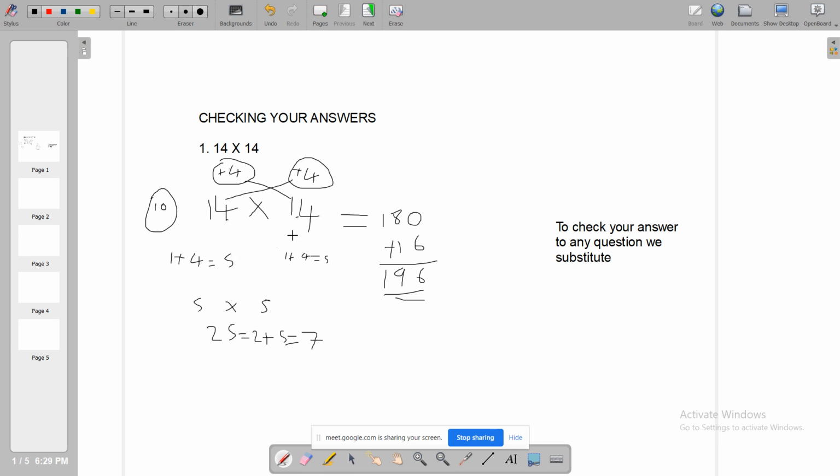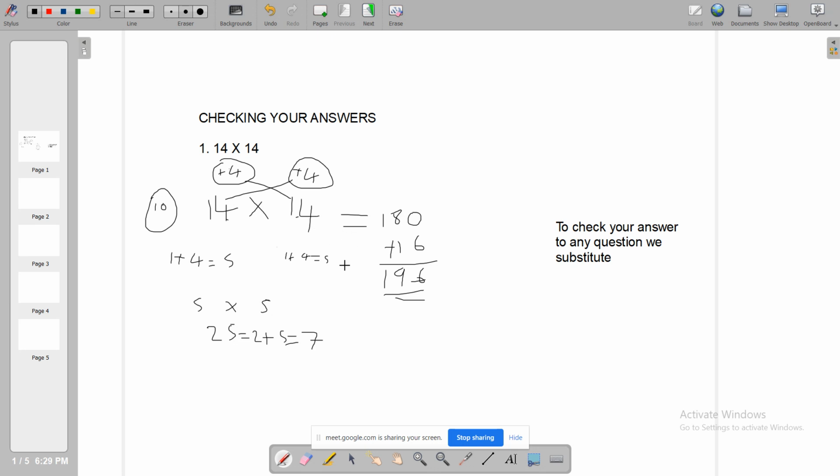So when I check this one, I'm expecting to get the same answer, 7. So once I get 7 here, it means that my answer is correct. So now we need to find a substitute for the answer. To do that, we have to add the digits. The answer is having 3 digits.